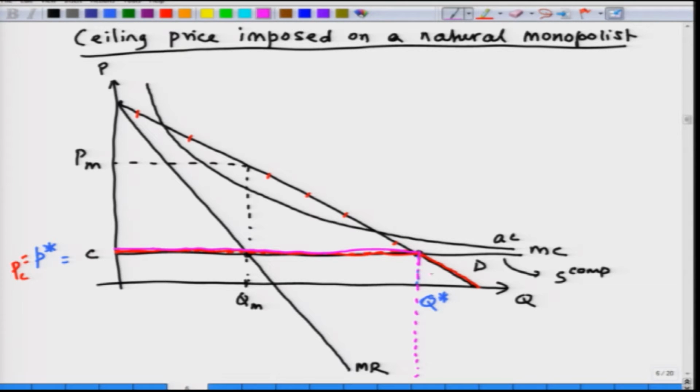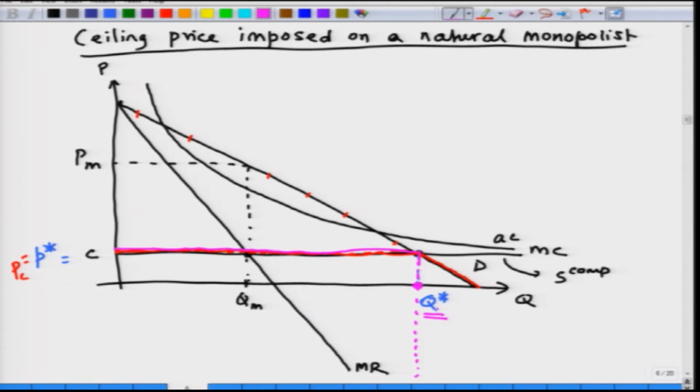So, the marginal revenue and the marginal cost are overlapping across a bunch of Qs. The point of interest to us is this Q star. By setting a ceiling price equal to the competitive price P star, the regulator has forced the monopolist to produce Q star units. But will this work?